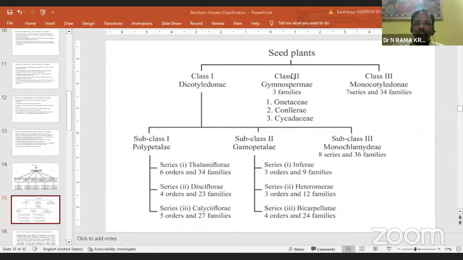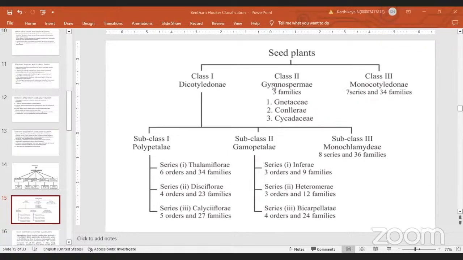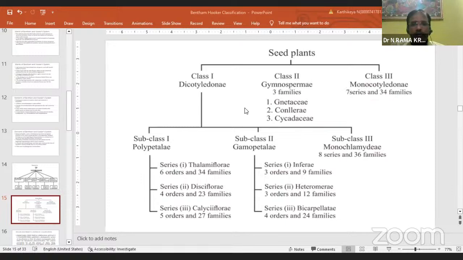Next, you see this of gymnosperms. In gymnosperms, there is no subclass, no series, no orders. Now you see only 3 families there: Nitaceae, Coniferalis, and Cycadaceae.